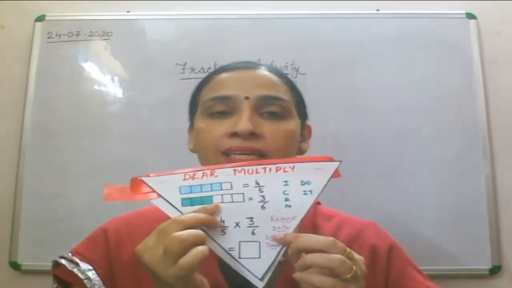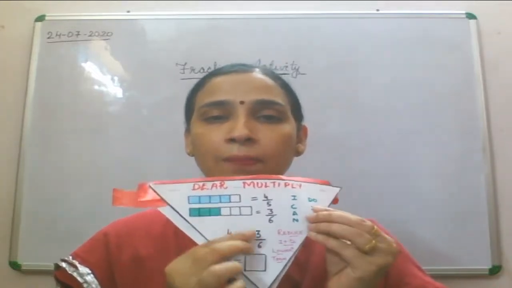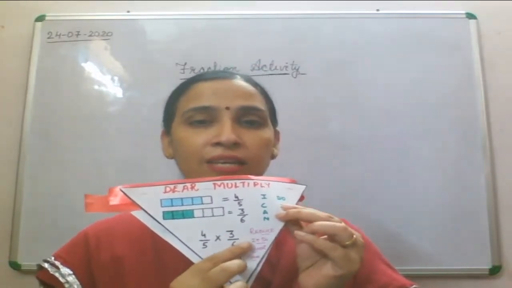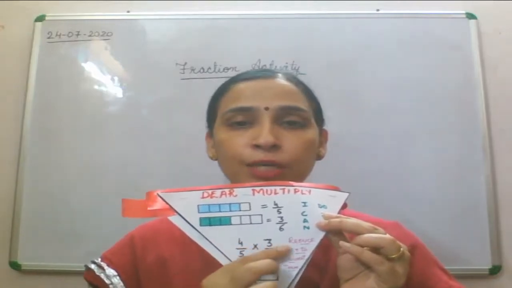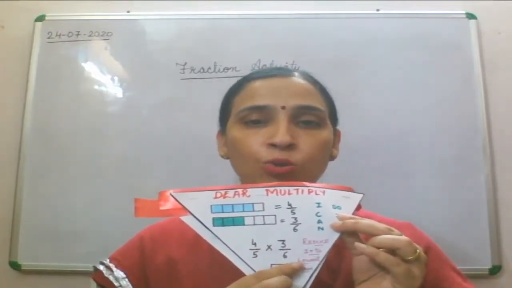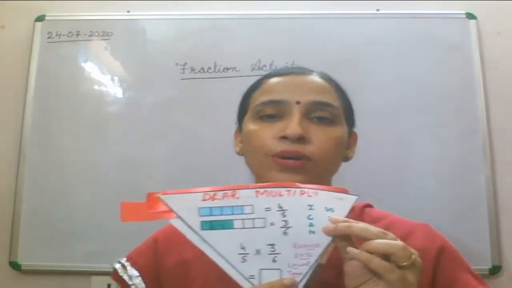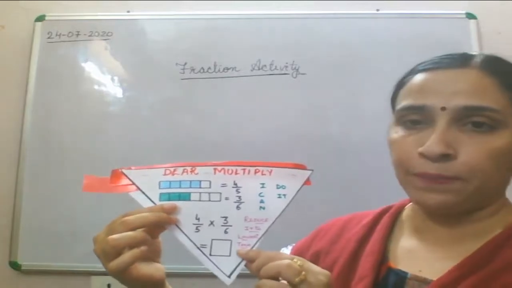You can see here, 4 by 5 will be multiplied by 3 by 6. Children, we are going to multiply it and reduce it to the lowest term, and then we will write the answer here.